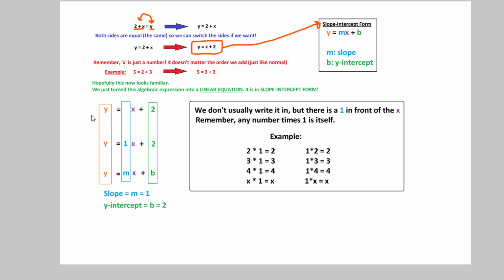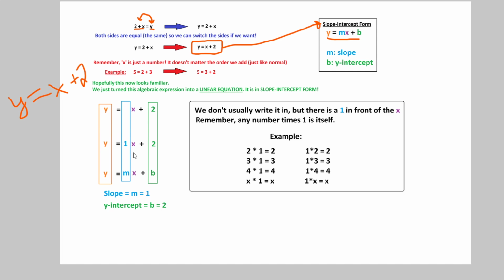So, again, we have y is equal to x plus 2. Well, let me kind of line that up with our y equals mx plus b, our slope-intercept form. Let's line these all up. So we have y equals x plus 2 right here. That's what I wrote here.